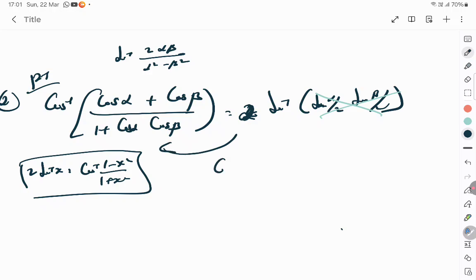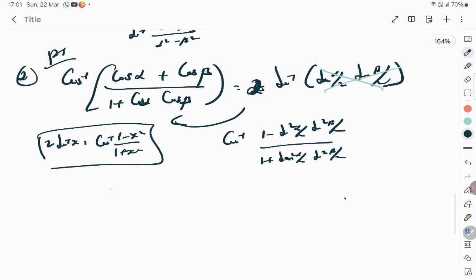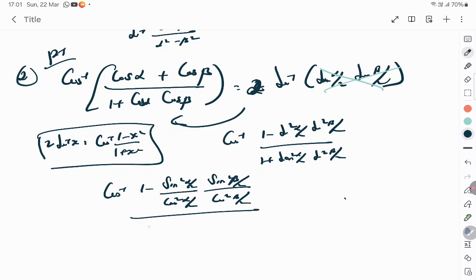So I'm going to write cos inverse of 1 minus tan square alpha by 2 tan square beta by 2 by 1 plus tan square alpha by 2 into tan square beta by 2. Now we can write tan square as sin square alpha by 2 by cos square alpha by 2, sin square beta by 2 by cos square beta by 2, by 1 plus sin square alpha by 2 by cos square alpha by 2 and sin square beta by 2 by cos square beta by 2.